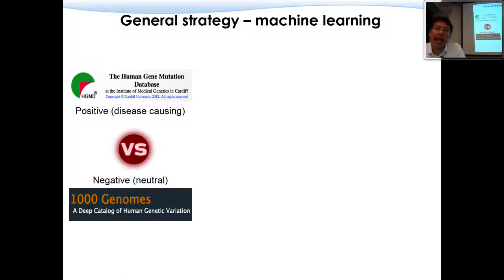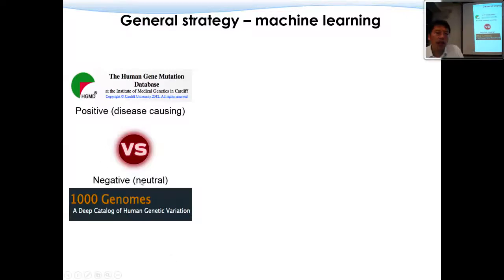The way we did that is we took a very classical machine learning approach. We have a training data set. We have a bunch of disease-causing mutations, the positive mutations. We know these synonymous SNPs are causing disease from a database called the Human Gene Mutation Database.